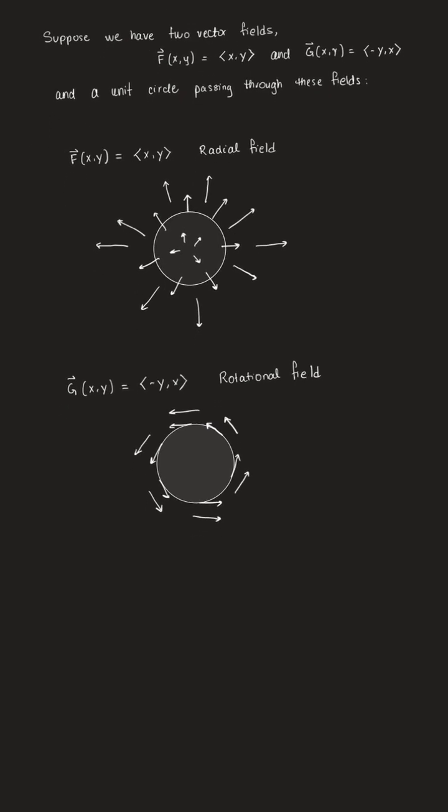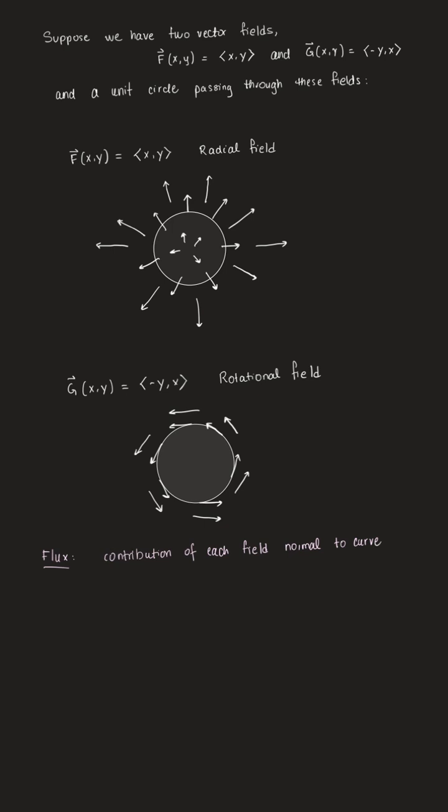So flux will measure the contribution of each field that is normal to the curve. That means we're really measuring how much is flowing out of the curve or into the curve.